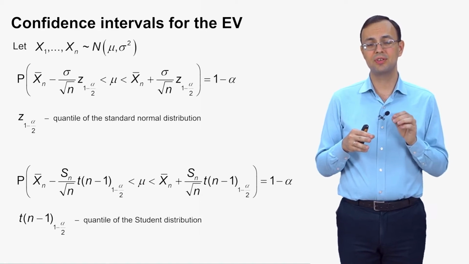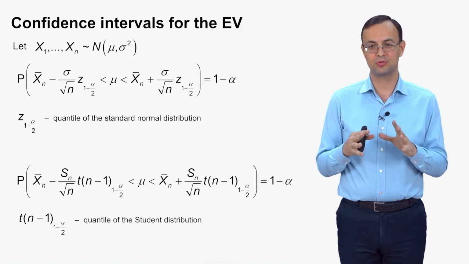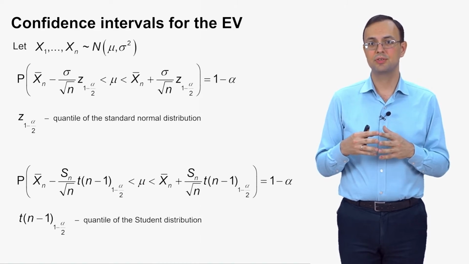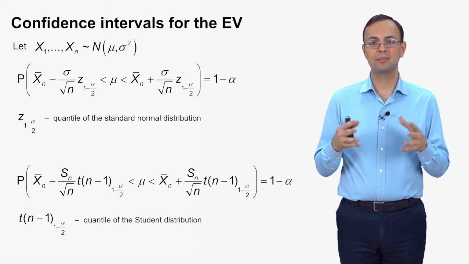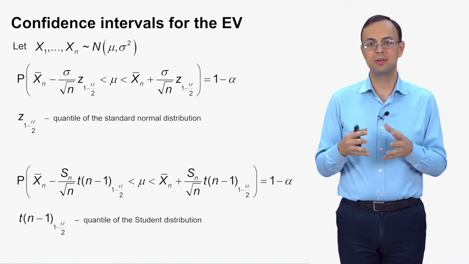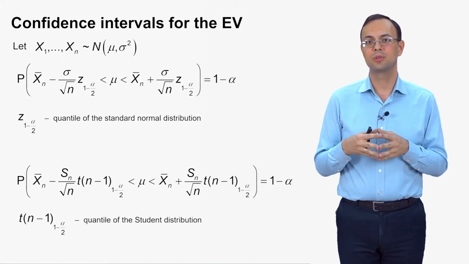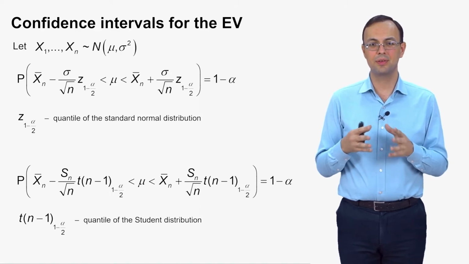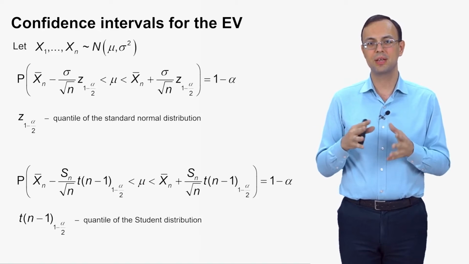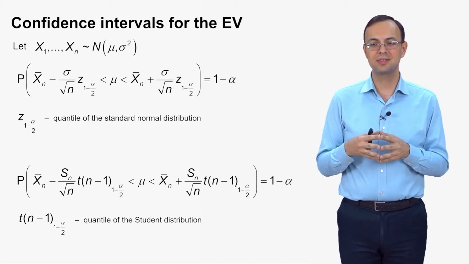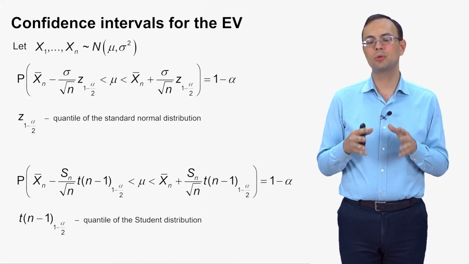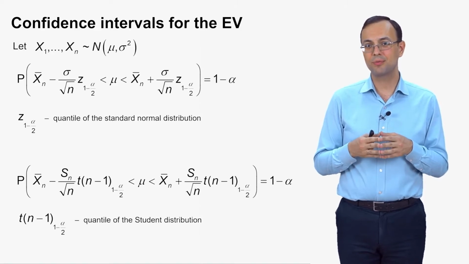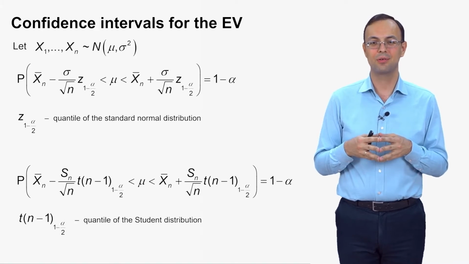Why? Because this is an auxiliary distribution, so it doesn't have any physical meaning. There are no random variables in our real life that follow this distribution. So we need the Student distribution just to solve some problems in mathematical statistics, and the only thing you should know about this distribution is that there are tables of the quantiles of this distribution.